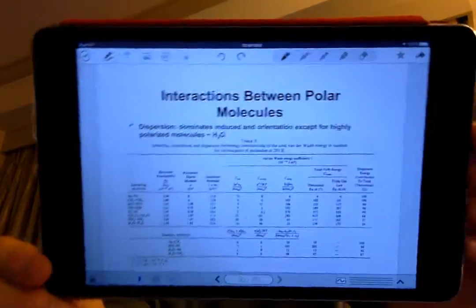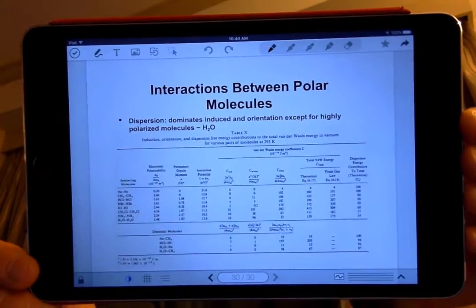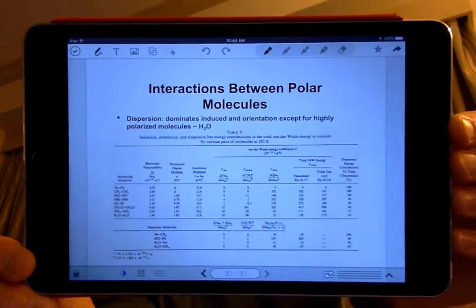And so now we can break down the interactions between polar molecules in terms of their orientation, dispersion, and induced interactions. And we have these columns right here for these different molecules.